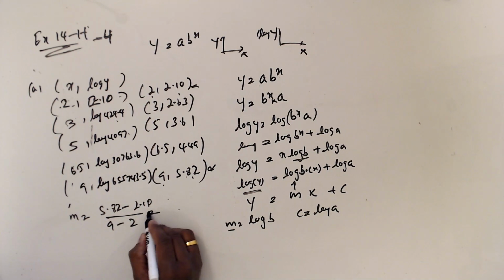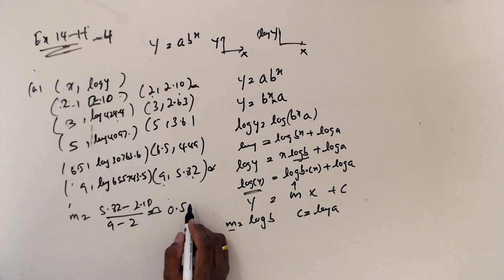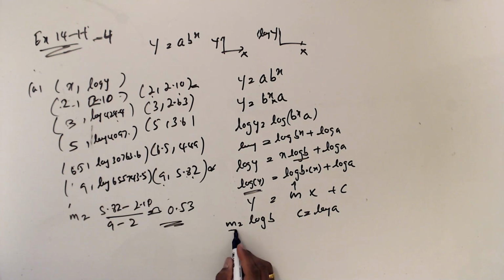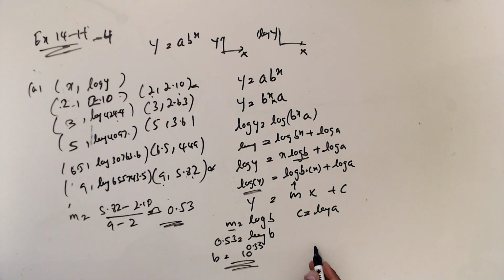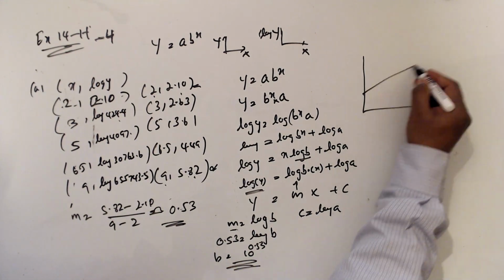So you will get an approximate answer of 0.53 for the gradient. So 0.53 equals log b, so b equals 10 to the power 0.53.